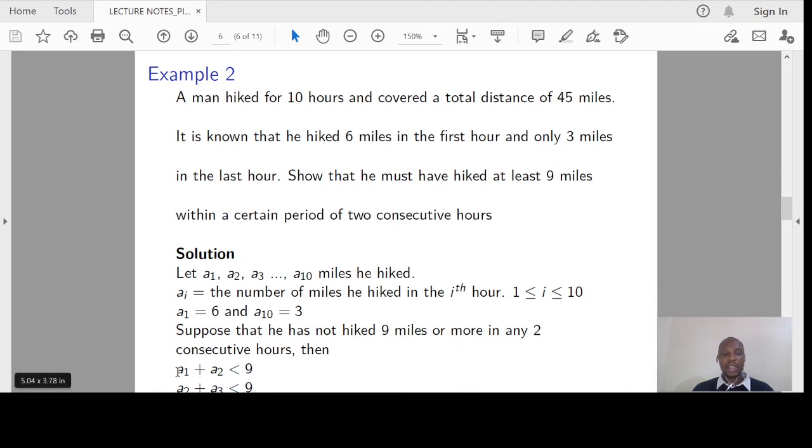The reason why we are settling with only 2 hours here is because the spirit of the question just requires you to dwell on 2 consecutive hours. And therefore, this process will continue. You see what is happening? It's just a series of numbers, A1 plus A2, A2 plus A3, A3 plus A4, all the way until we exhaust all these miles.